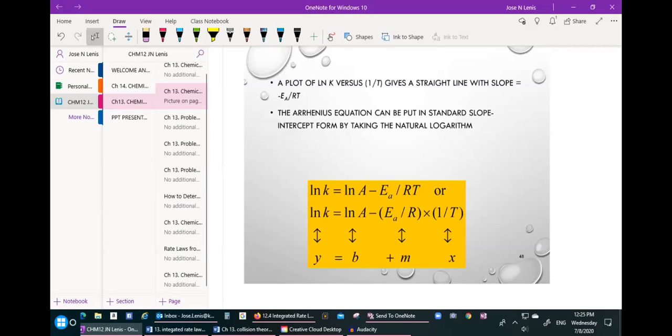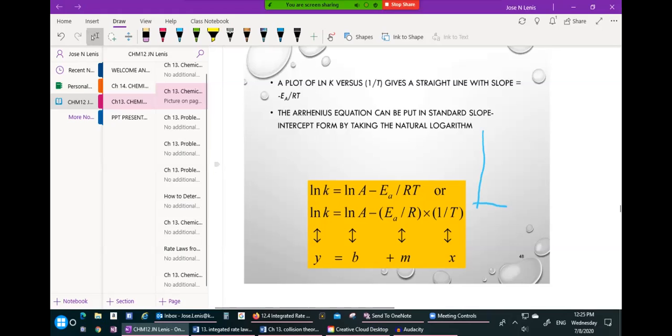If we draw a graph of natural log of k against 1 over absolute temperature.